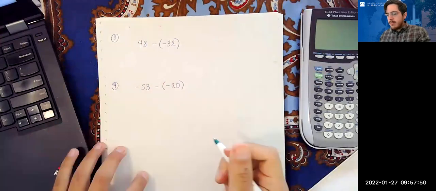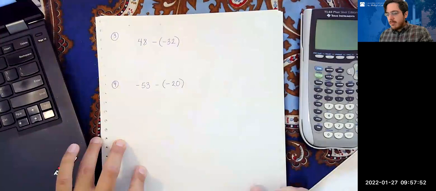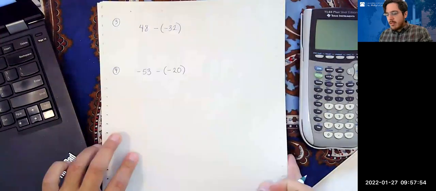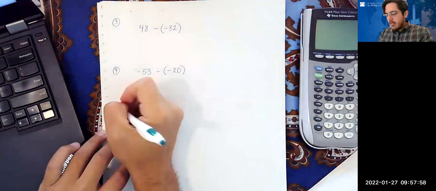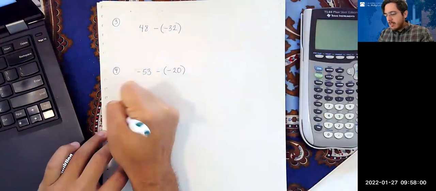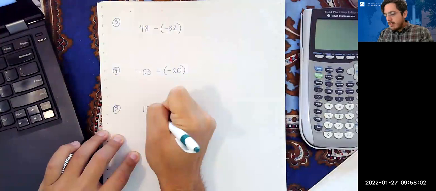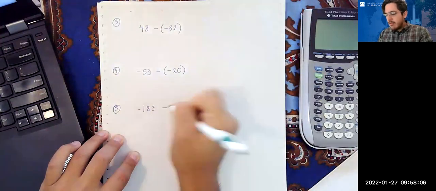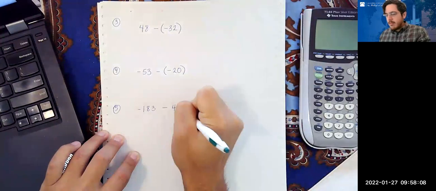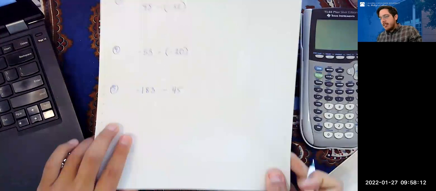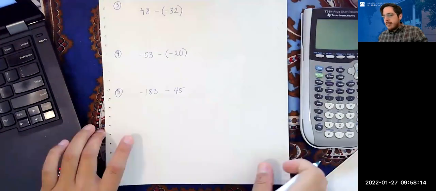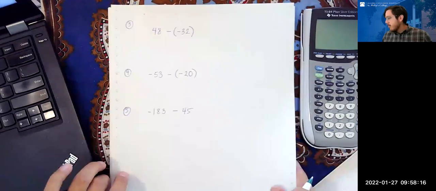Okay. I'll go with -183 minus 45. And that should be good. If we need some more, I'll come up with some more practice problems.